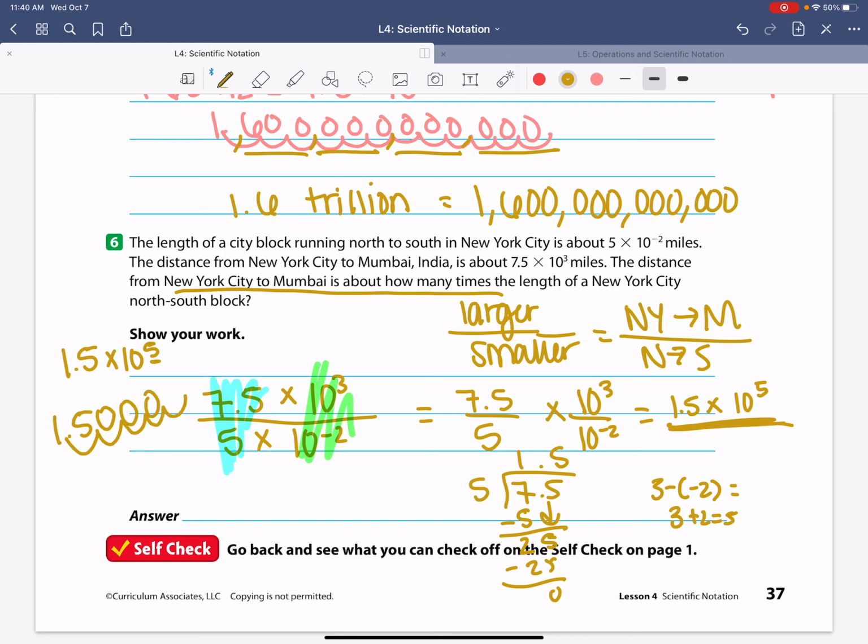Add your placeholder zeros. So it's 150,000 times the length. That's our answer. And we are done with this lesson. Yay. All right.